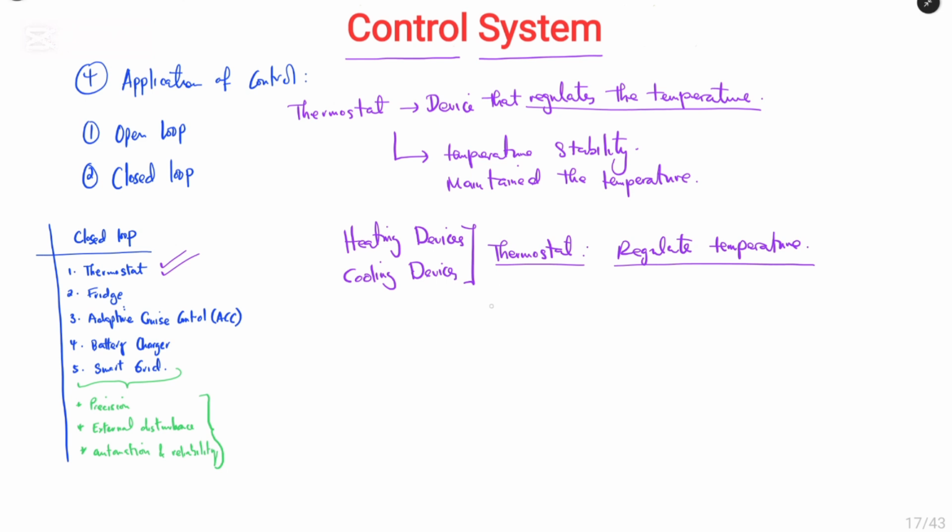Now we will look at a temperature control system. And this can be the simplest of all other control systems having a closed loop. In a temperature control system, we normally have the input and the controller. This is for a closed loop system.